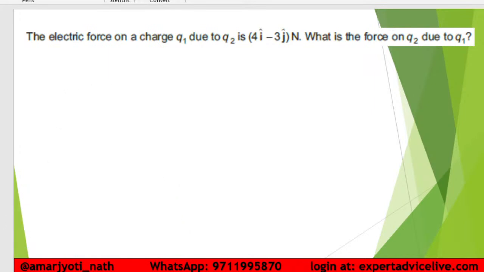The electric force on a charge Q1 due to Q2 is 4i minus 3j Newton. What is the force on Q2 due to Q1? Simple. Just get the logic.